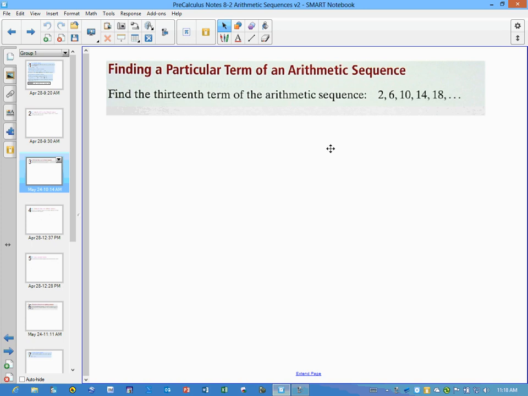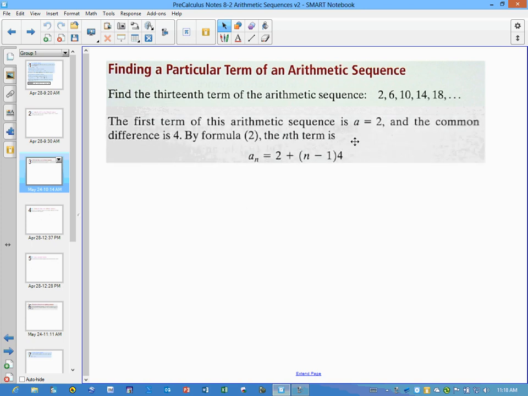So here we're going to say that a sub 1 is going to be 2, that's the first term. And to find d, the difference, I can simply subtract any two consecutive terms. So whether I do 14 minus 10, or 6 minus 2, or 10 minus 6, it doesn't matter, we're always going to get 4.